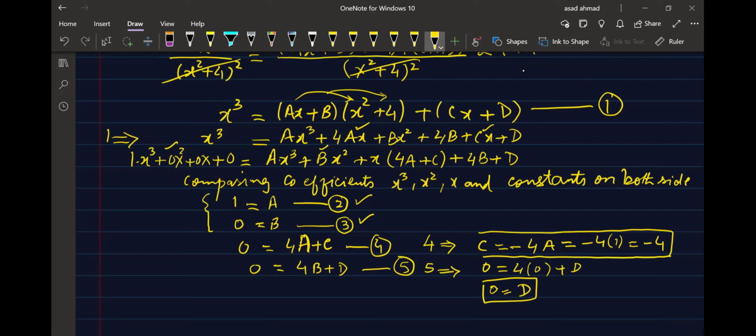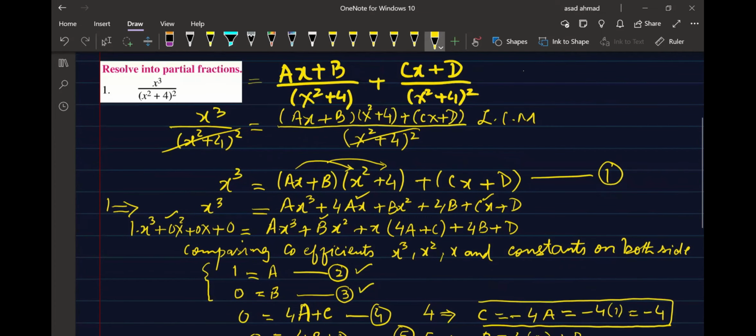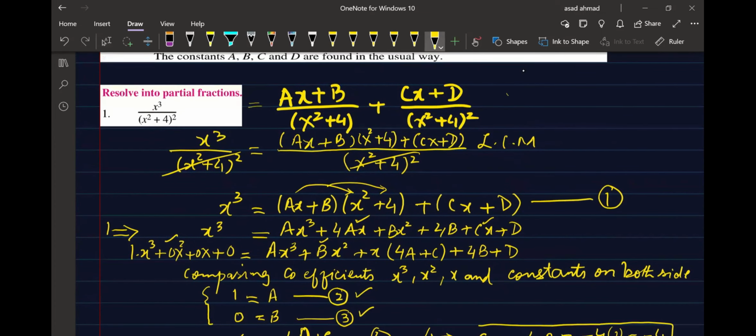Now we just need to put the values in the original form. That was the original statement of the question.